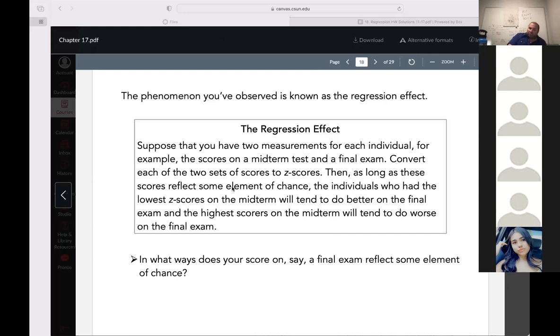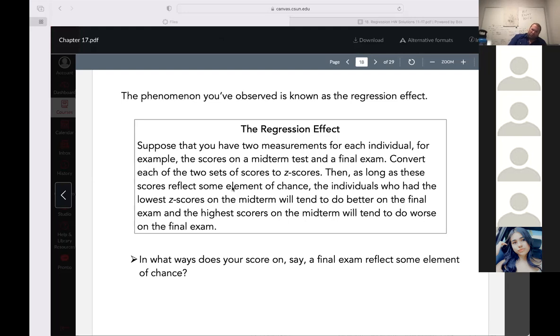Okay. So in what ways does your score on the final exam reflect some element of chance? Well, you don't always know what questions you're going to be asked, what to study for. There still is chance involved on every exam. Maybe you study every other chapter and either you get amazingly lucky or amazingly unlucky.